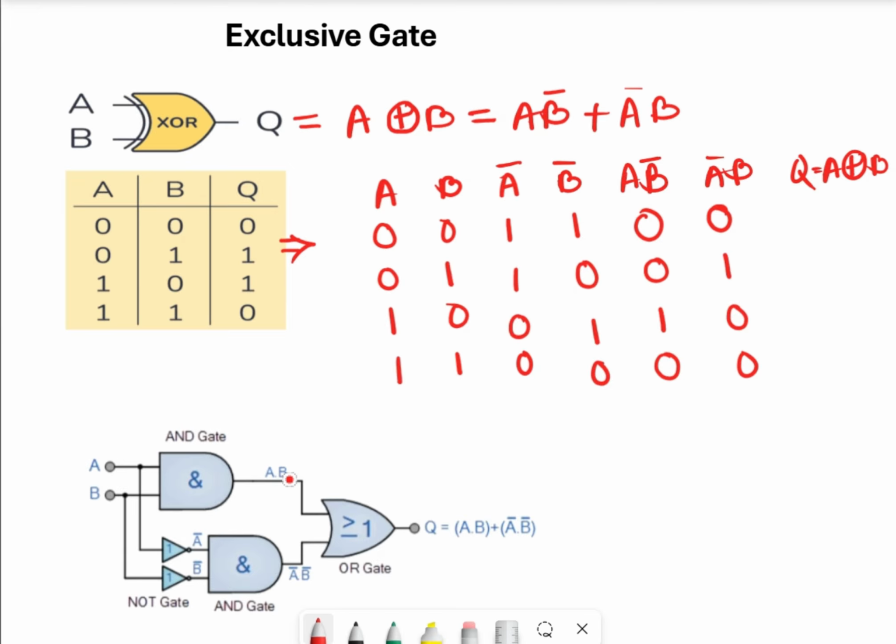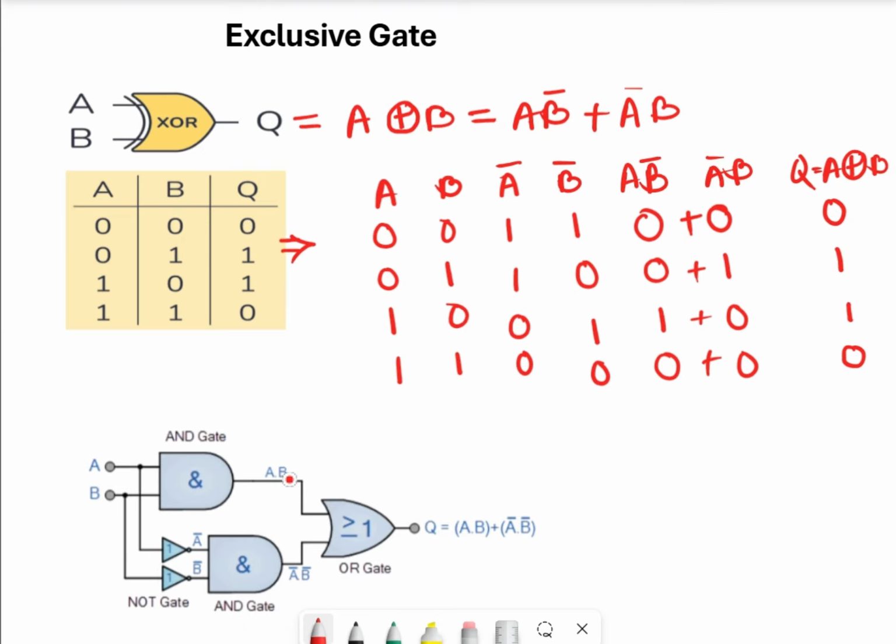Now it's time to sum up these two values. So this is actually the Boolean algebra formula that has been used here to formulate 0 0 0, 0 1 1, 1 0 1, and 0 0 0.